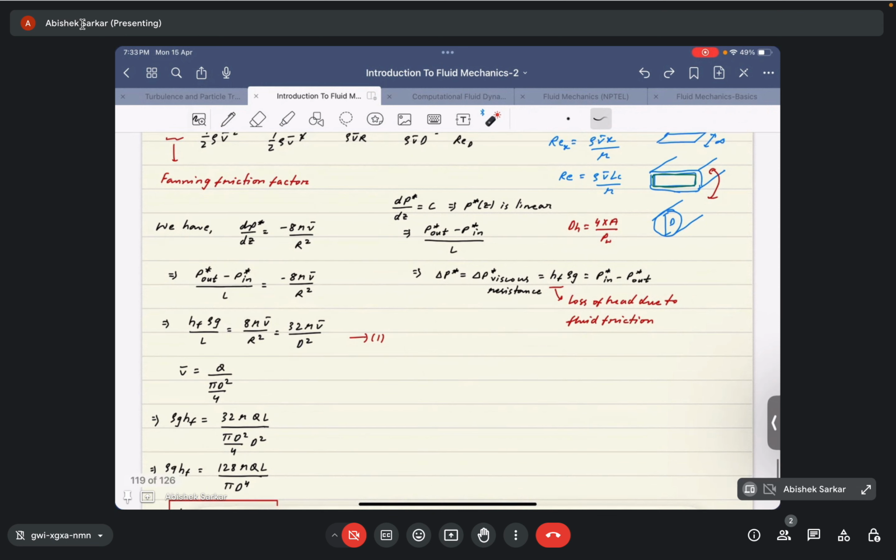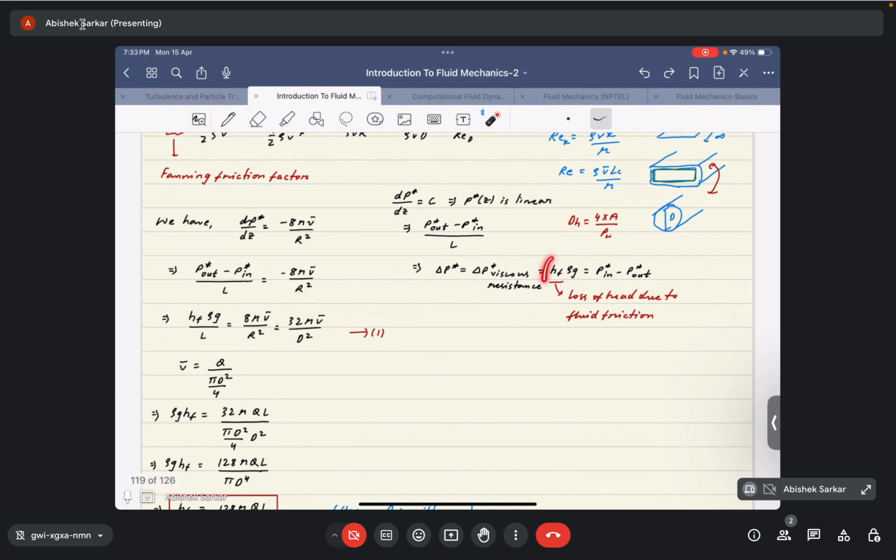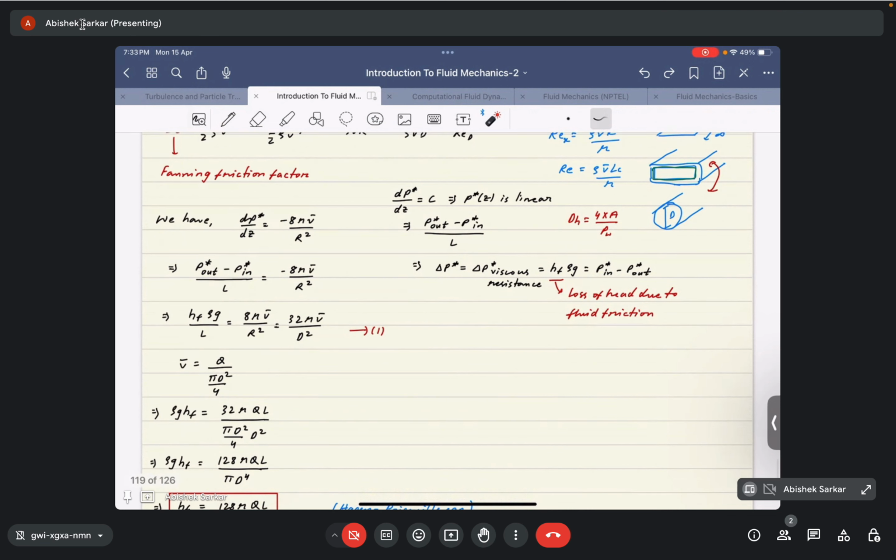So we can write p in minus p out is equal to hf rho g, because p in is greater than p out. Why? Because since there is a pressure head loss because of the fluid friction, p in must be greater than p out. So we can write delta p star as minus hf into rho g.